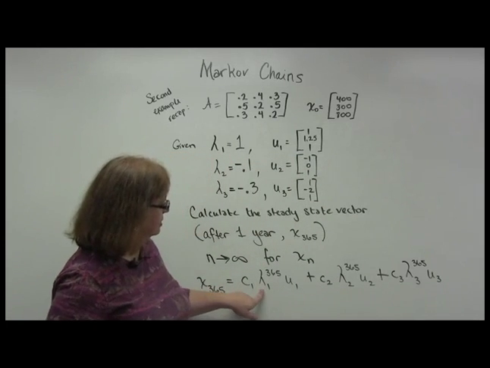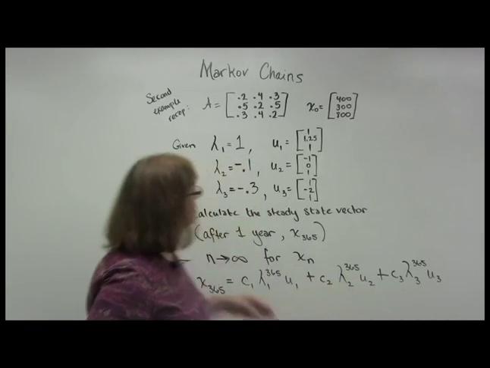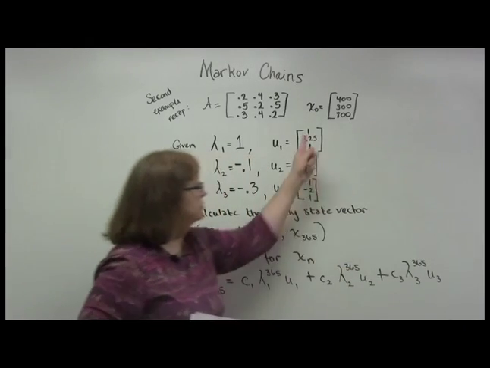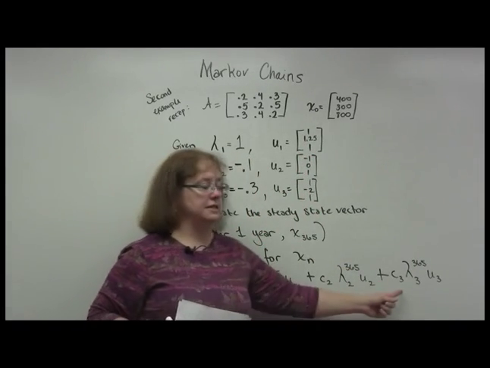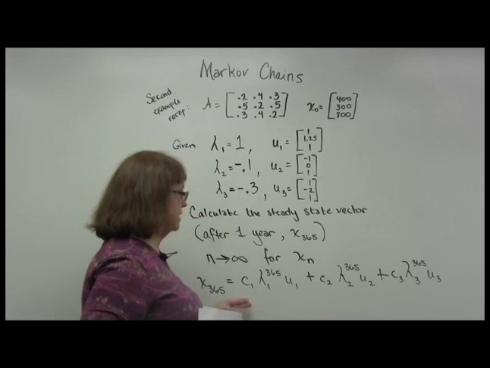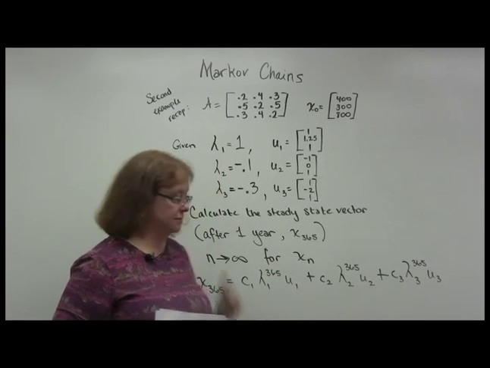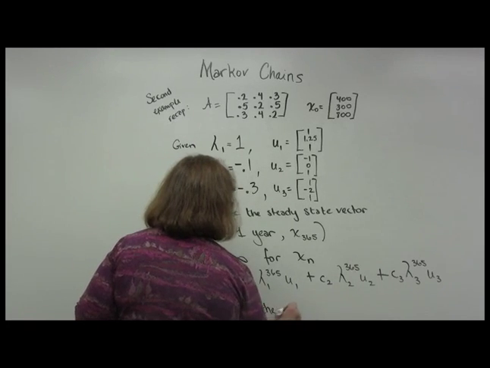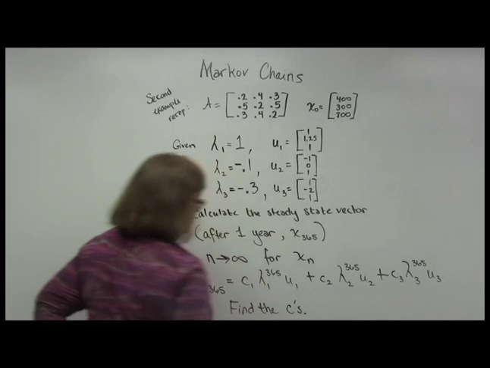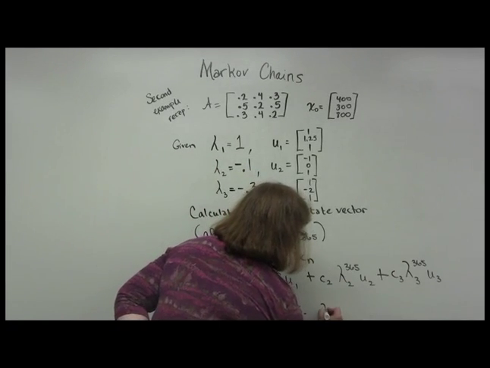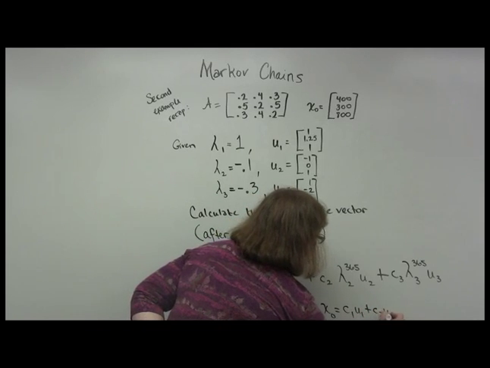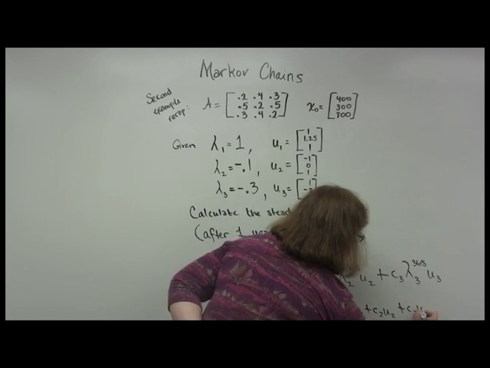Now in each of these cases, the lambdas are the eigenvalues that were given. The u's are the eigenvectors that were given. And I've got to find these c's. Okay, that's my responsibility, finding those c's. So let's say that I'm looking for the c's. The c's come from the fact that x sub 0 is c1u1 plus c2u2 plus c3u3.